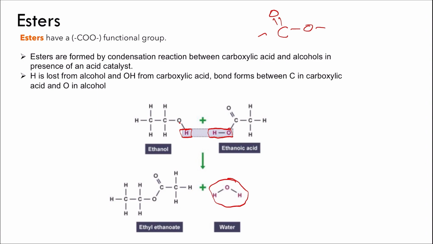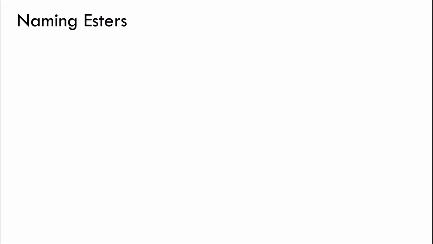The ester will be formed by the formation of a new bond between the oxygen of the alcohol with the carbon of the carbonyl group of the carboxylic acid group from the carboxylic acid. The compound that's formed is called ester, and this is the functional group of the ester. Condensation reaction means that it's a type of reaction where a water molecule is lost in the reaction.